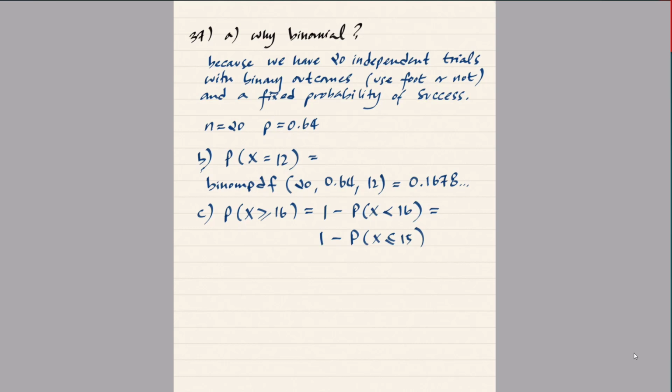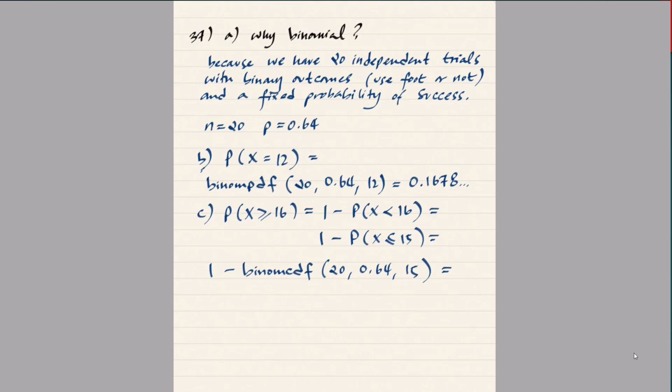So the syntax of the command that we're going to enter is going to be as follows. So we're going to use a CDF because it's asking for probabilities associated with more than one value of x, and we're also using a complement. And so that's why this is such a great example, because there is a lot going on here.